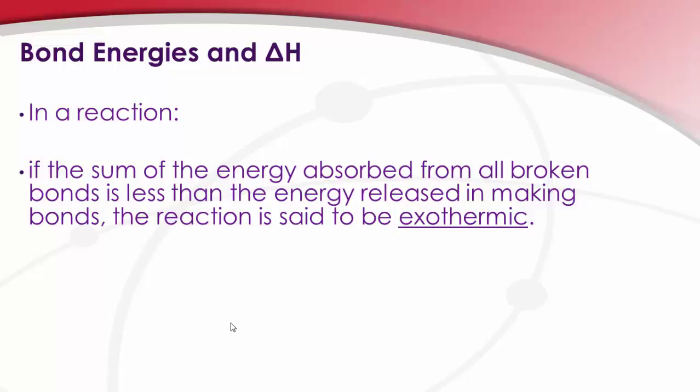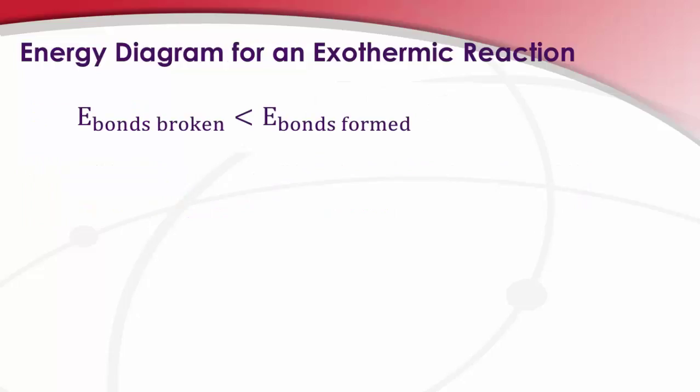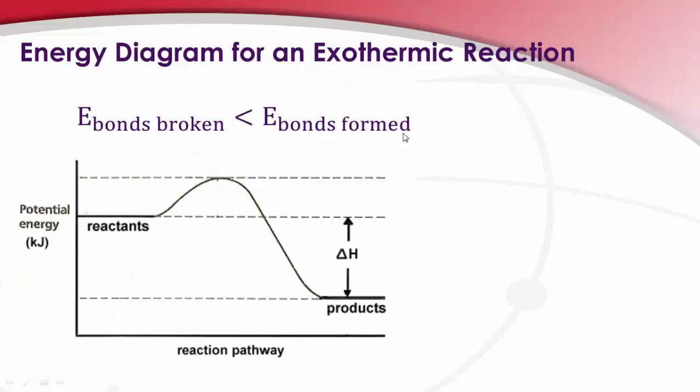And if the energy released is greater than the energy required, well, the reaction is said to be exothermic. And this, by the way, is just a facet of the first law of thermodynamics again. Energy can't be created or destroyed. So one way of looking at this: energy of the bonds broken less than energy released from the bonds formed, well, that's an exothermic reaction.